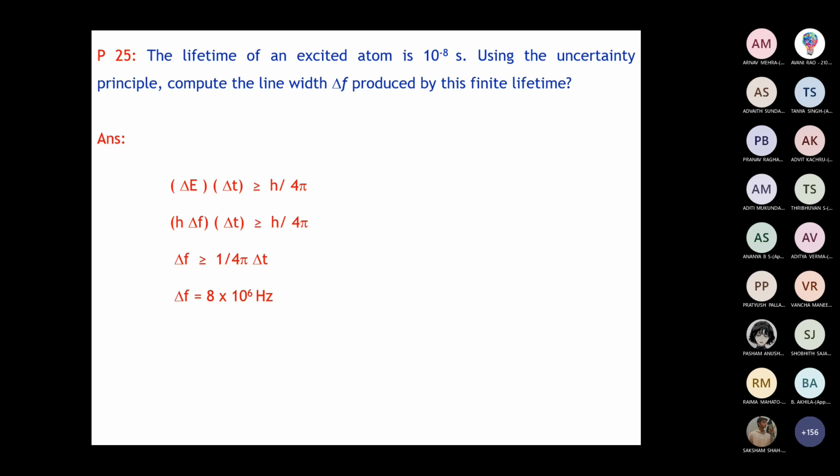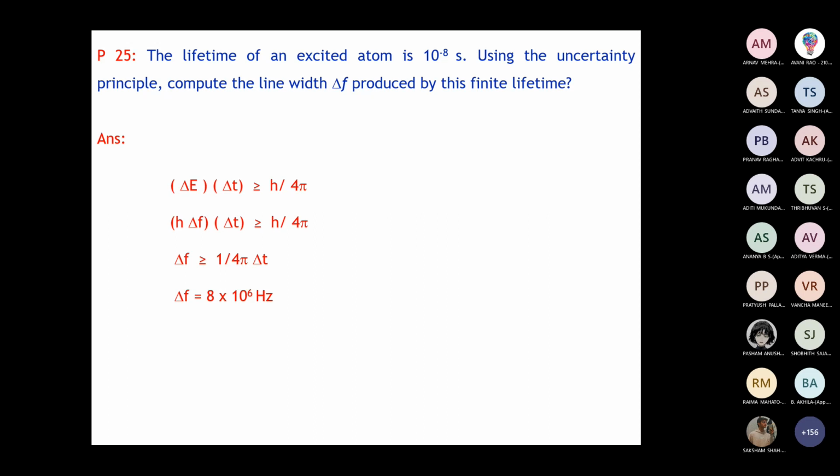How much did you get? Anyone has computed? 7.9, approximately 8 times 10 to the power 6 hertz. Yes, you get 8 times 10 raised to 6 hertz, or 8 megahertz. You are right.